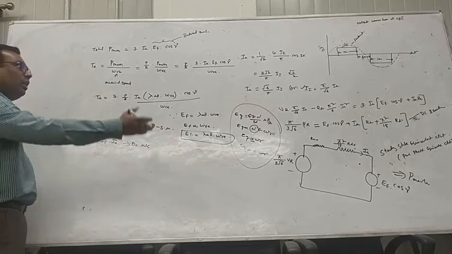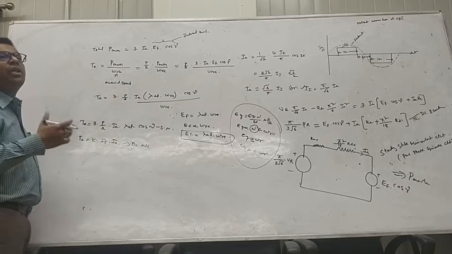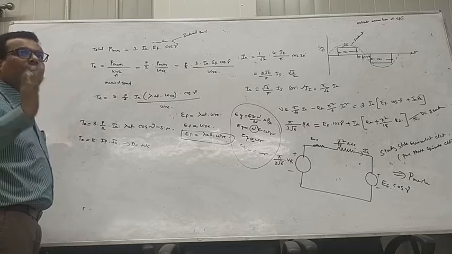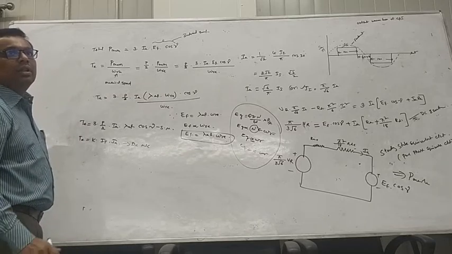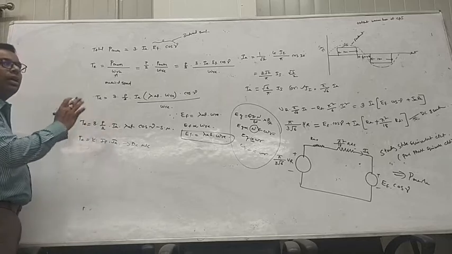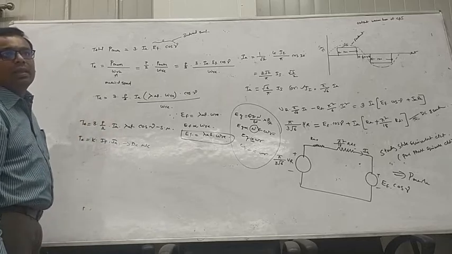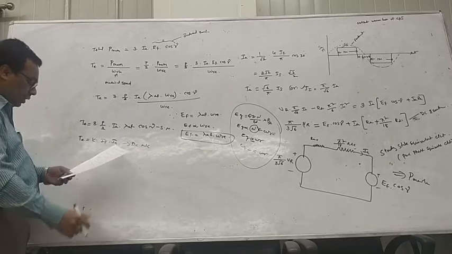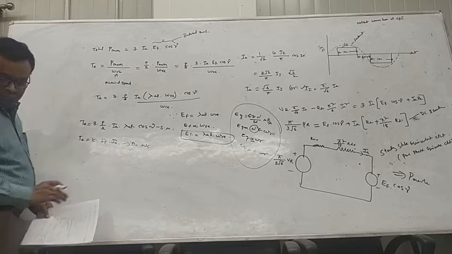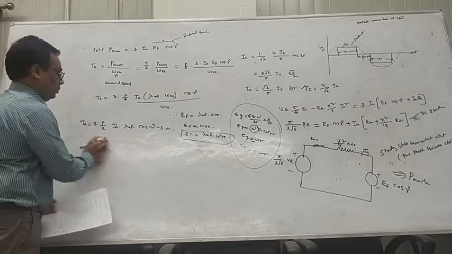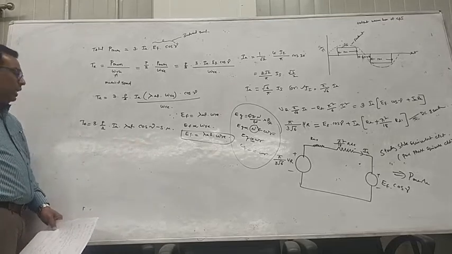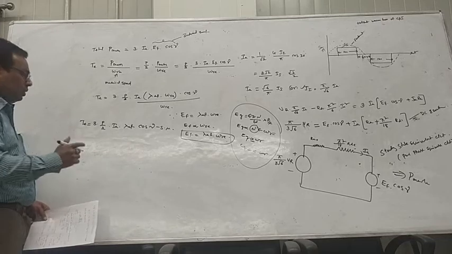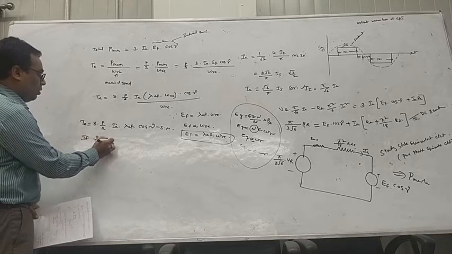Why am I doing all these calculations? My objective is very clear. I need to make the synchronous motor equivalent to the DC motor, so that vector control of the synchronous motor is also possible. To achieve that, to get the maximum torque in the synchronous motor, the condition is that gamma is equal to 0.